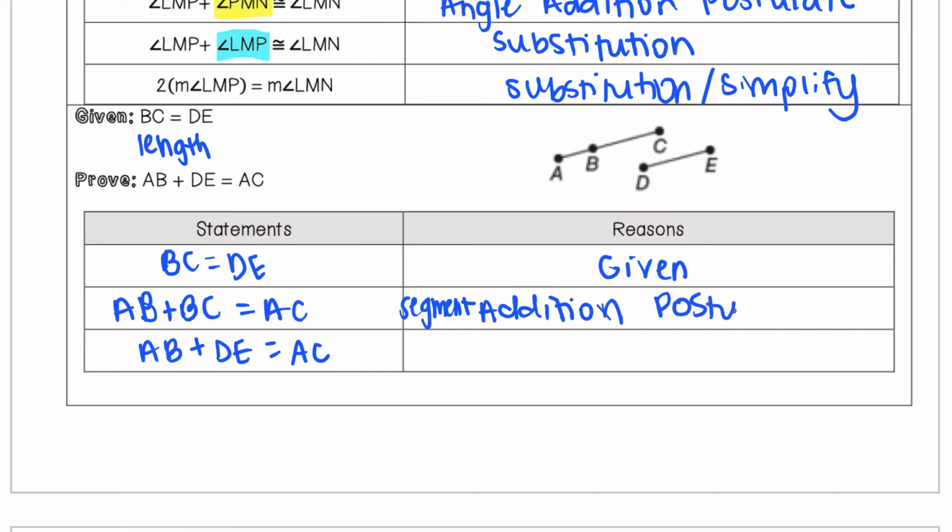And then when we want to jump down to our last line where I'm changing something, the only thing that changed was DE and BC are now flipped here. So I'm going to say that this is just by substitution, that I made this substitution in for the problem. I took one term, DE, and I changed it from BC because I knew BC and DE were equal. Since they're equal, I can just plug that into the equation and sub it in that one part to make a true statement.